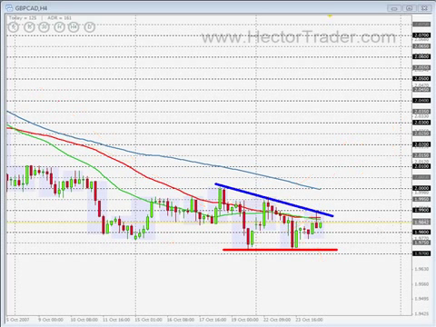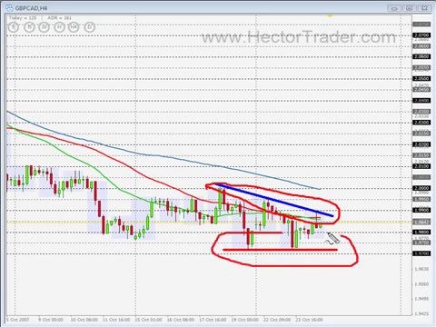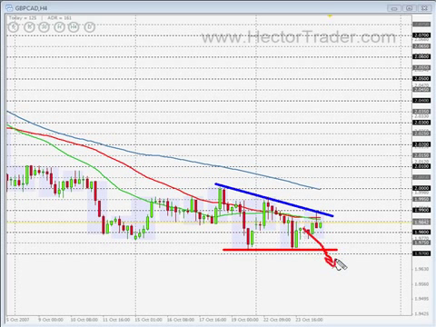For the time being, we are still consolidating sideways within this flat bottom triangle. So once again, the trade plan is to wait for a breakout to the downside, with my typical breakout pullback continuation in order to search for a short entry, hopefully being able to squeeze some pips out of a whole new swing to the downside, into new lows within this trend.